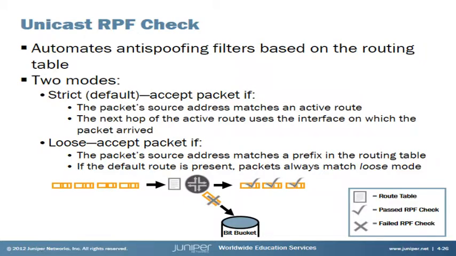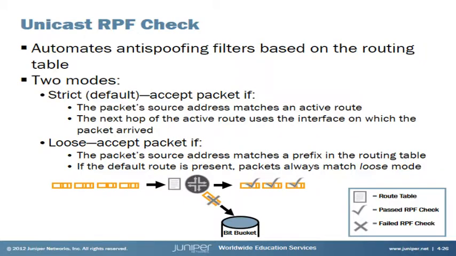Okay, so what we're doing is we're using the routing table as a mechanism to decide whether or not the traffic that's coming in through an interface is legitimate, because if the source address of the packet does not match an active route, what that means is that we don't actually have connectivity to that network, so how could we be getting traffic from it?